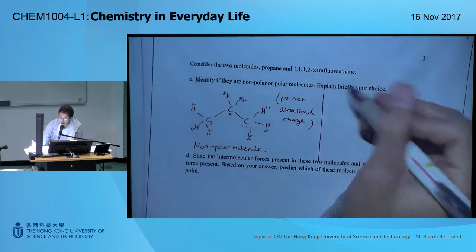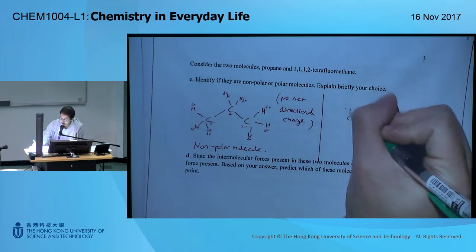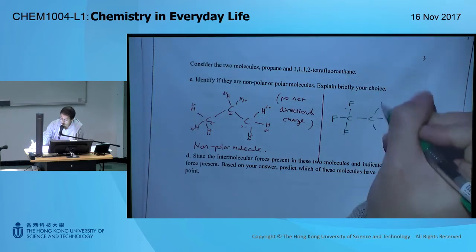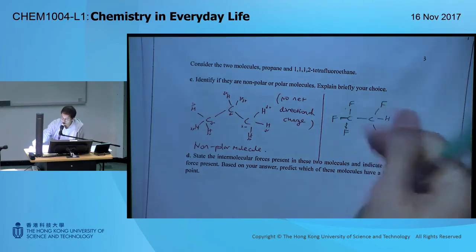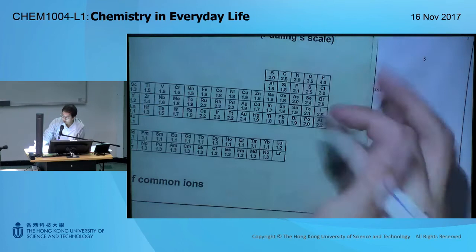But for 1,1,1,2-tetrafluoroethane, these are also 3D shaped molecules. The fluorine has a very high electronegativity. F is 4.0.